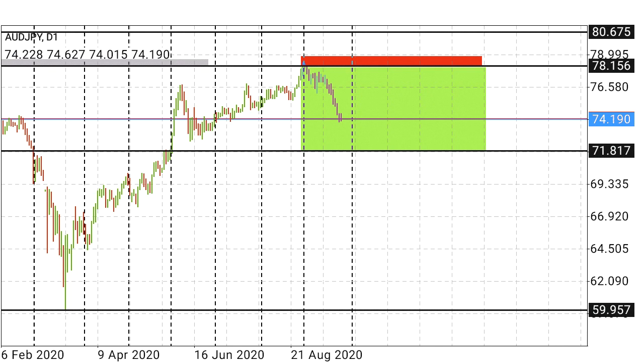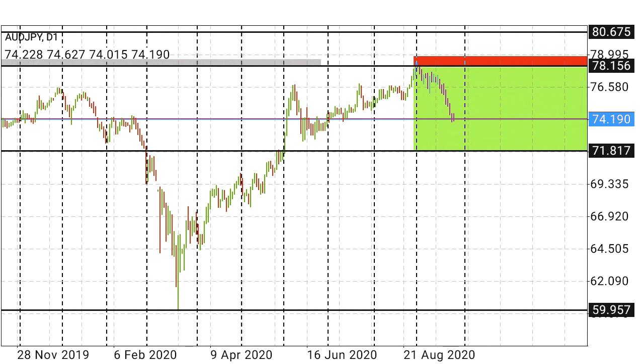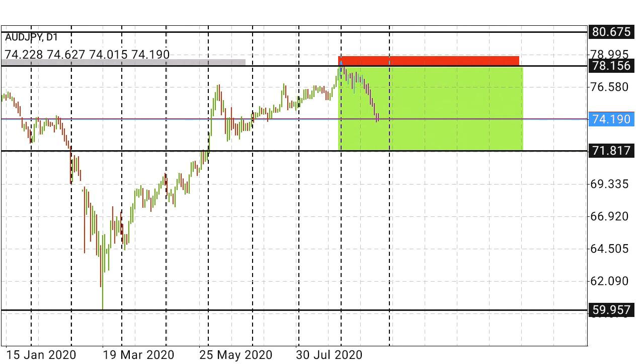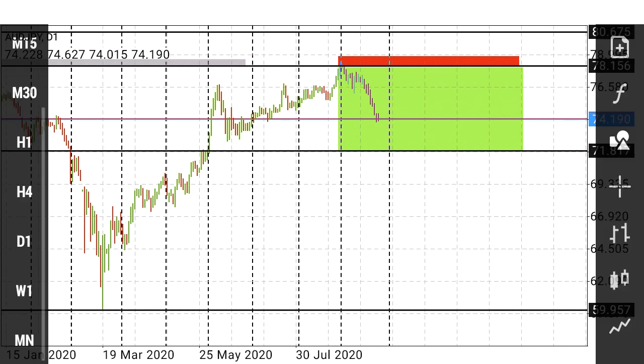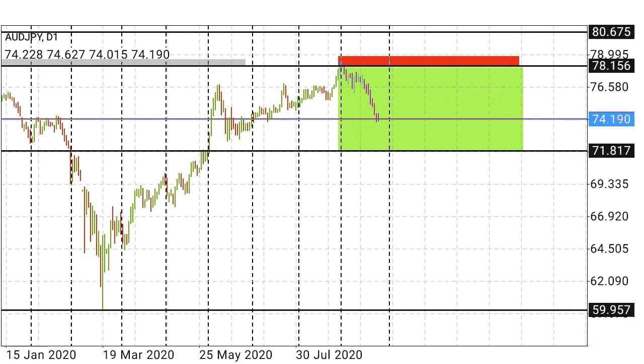Then your green rectangle will represent your take profit, actually profit as a whole. So why I ended it at 71,8717. That's where I was going to take profit. That's where I was personally going to take profit. Okay, so let's say you took it from 78,156.